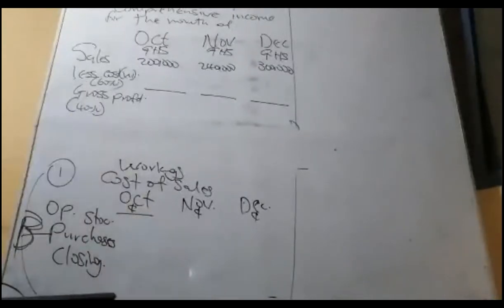When you do this, you can just take care of yourself from here. But still, you do the purchases figure. Yes, so definitely have to ensure working for the purchases figure. Agreed. You can go by this shortcut so that you'll be free. So you can just use calculator to find any of the figures. So gross profit, 40% of the sales.